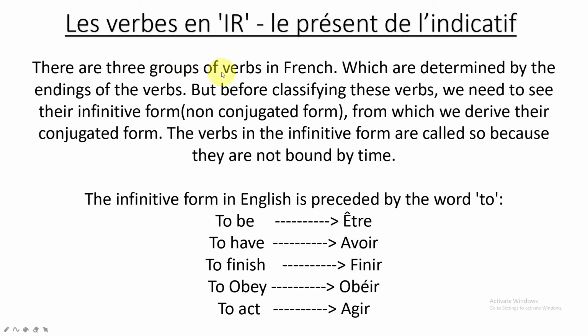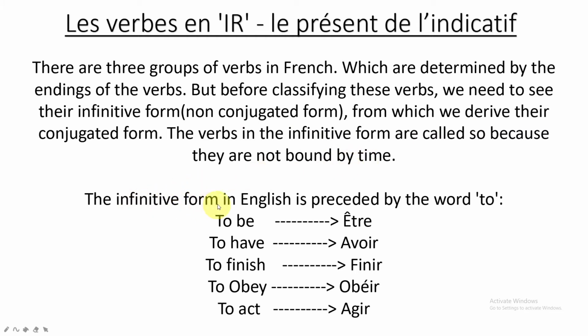There are three groups of verbs in French, which are determined by the endings of the verbs. But before classifying these verbs, we need to see their infinitive form, the non-conjugated form, from which we derive their conjugated form. The verbs in the infinitive form are called so because they are not bound by time.